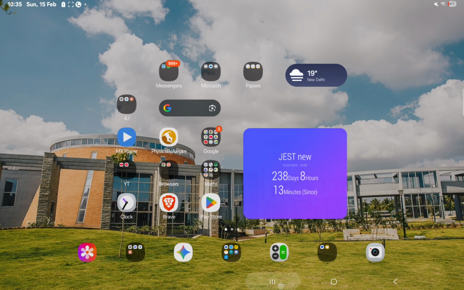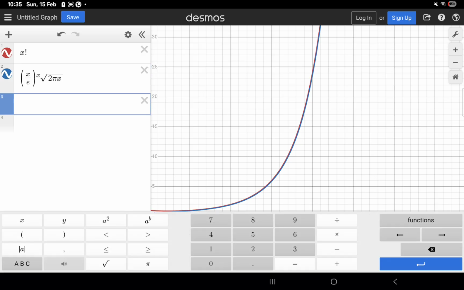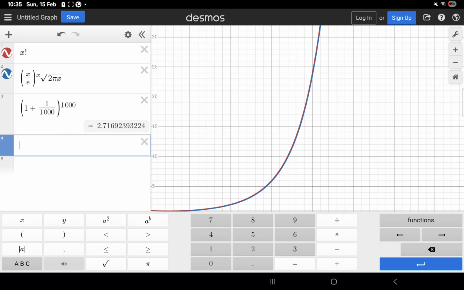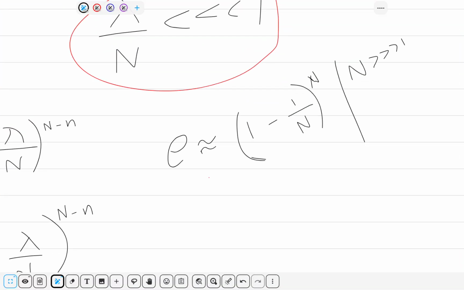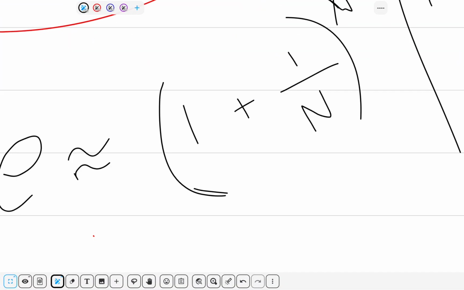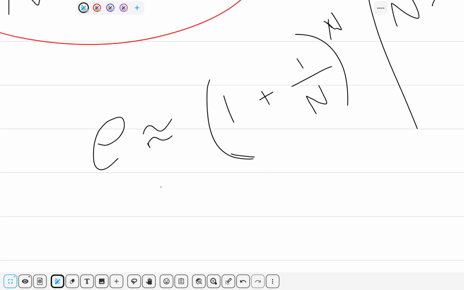Let me just recheck it from Desmos. 1 minus 1 by 1000, to the power 1000. Okay, maybe it was supposed to be a plus, but let me check. Yeah, it's pretty close. This is the approximate expression for Euler's number.